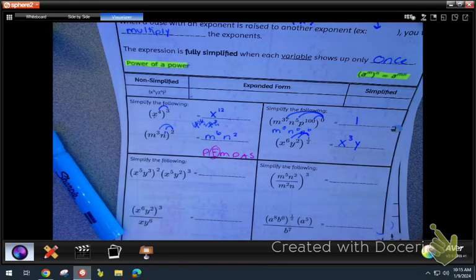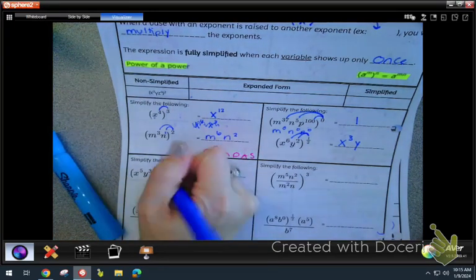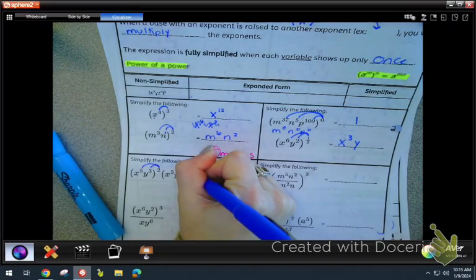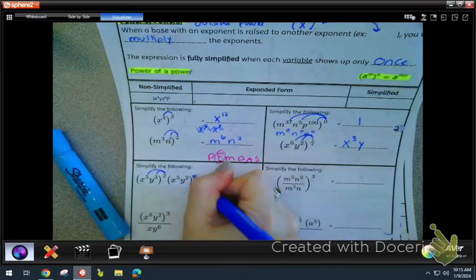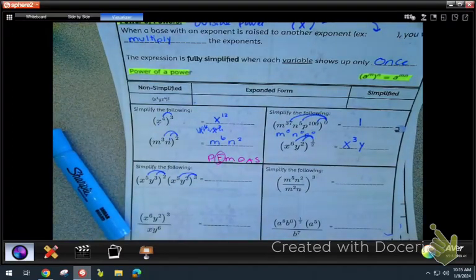If you have an outside power, you need to bring that in first. So on this problem right here, do you see an outside power? What am I going to do with that? Multiply it in. Do you see an outside power over here? Multiply it in. It's only attached to that one parenthesis. So you need to be doing outside powers first every single time.